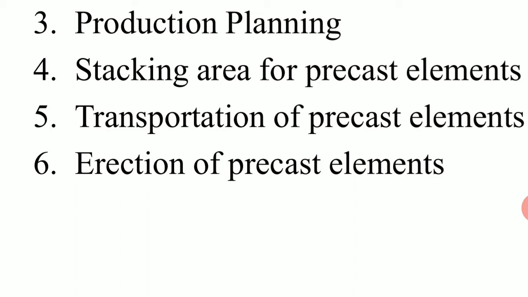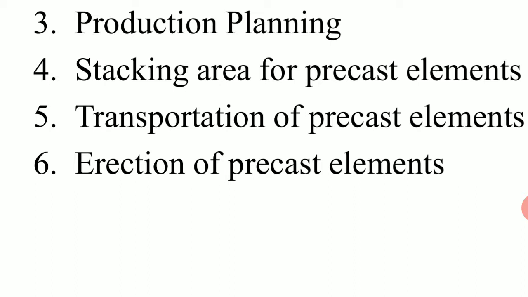That we are going to decide in the production planning process. And how many elements are required, for example, for a 10-story building, we need to calculate how many columns are required, how many walls are required with respect to dimensions, right? Each and every item involved in the construction process we are going to note down, and according to that number we are going to manufacture them.